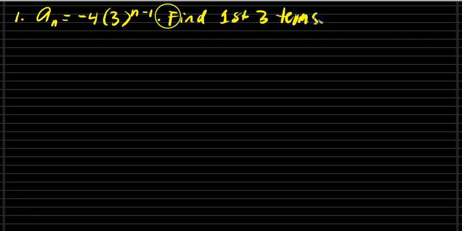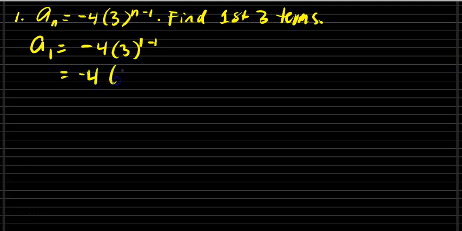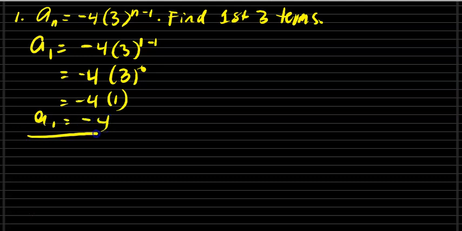Okay, so let's generate it. a sub 1 is equal to -4 times 3 raised to 1 minus 1, which is -4 times 3 raised to 0. Now, any number raised to 0 is equal to 1. So your a sub 1 here is going to become -4 only.